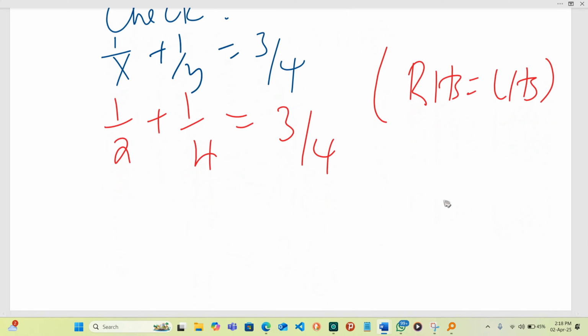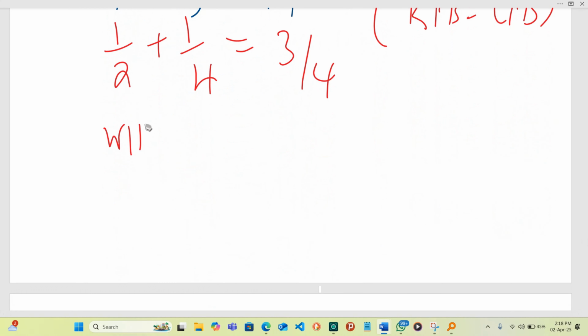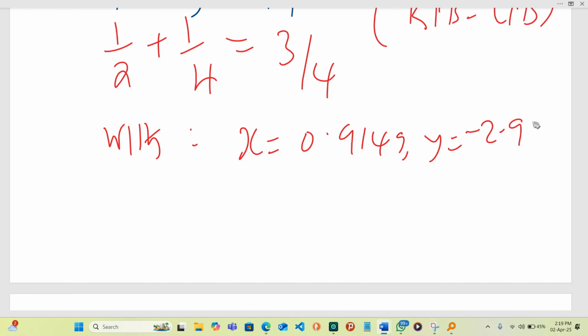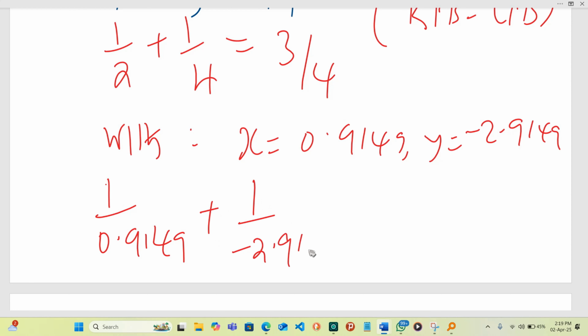Let's test again with the decimal points. So x is equal to 0.9149, and y is negative 2.9149. So we'll have 1 divided by 0.9149 plus 1 divided by negative 2.9149, and this is giving me on my calculator 0.750.